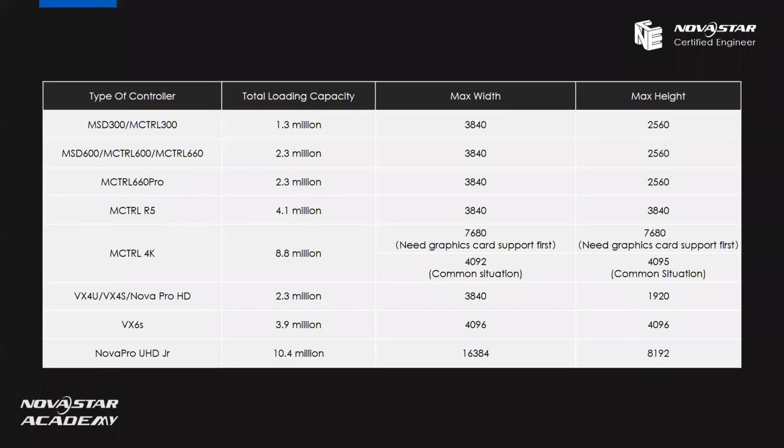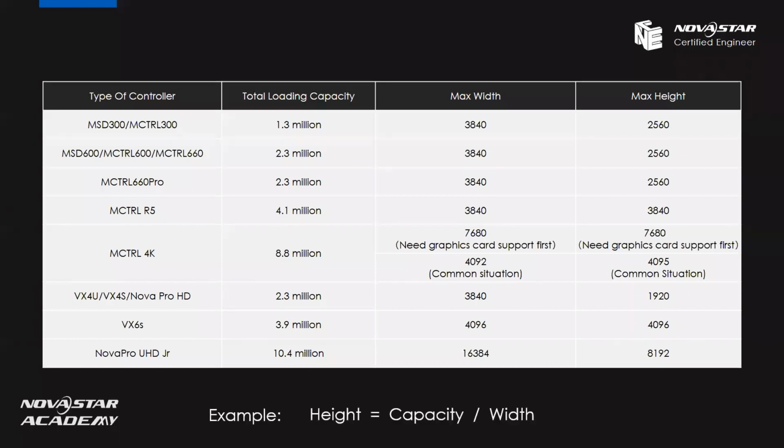Okay, let's see an example. Here, imagine we are using the M-Control 300, and we know the loading capacity is 1.3 million pixels, and the max width is 3840. So what about the height? Okay, let's check it out.